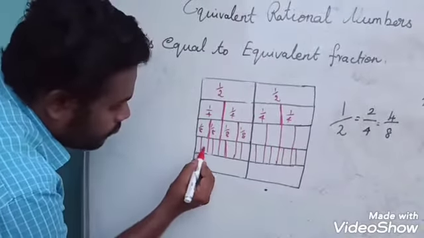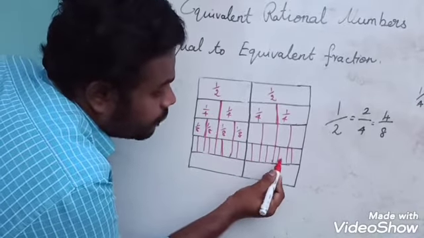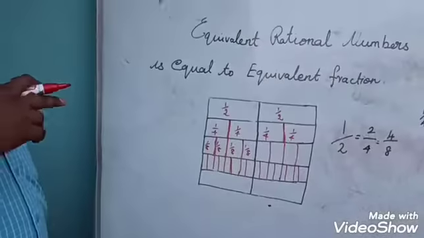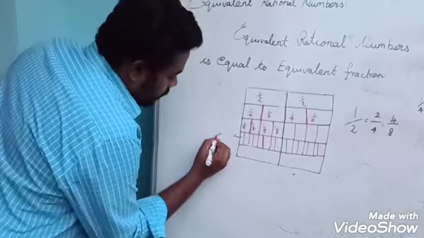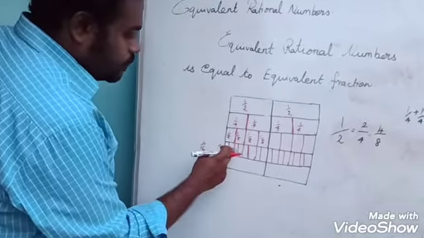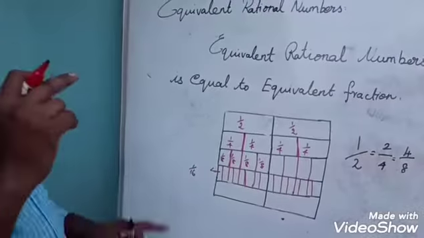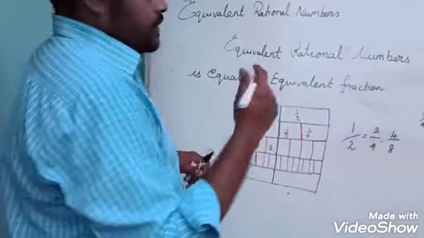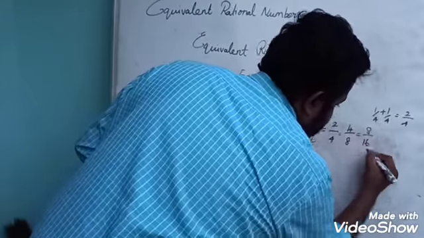So now we have 1, 2, 3, 4, 5, 6, 7, 8, 9, 10, 11, 12, 13, 14, 15, 16. Totally 16 parts, so each section is 1 by 16. How many 1 by 16 are there? 1, 2, 3, 4, 5, 6, 7, 8 parts out of 16. So this is also equal to 8 by 16.